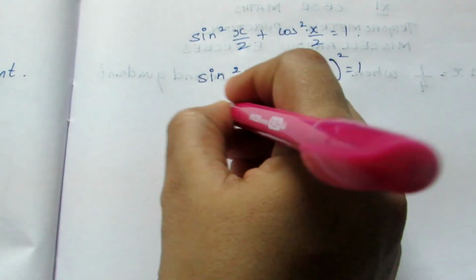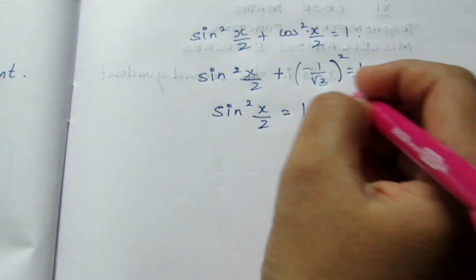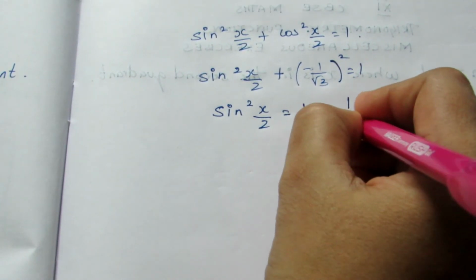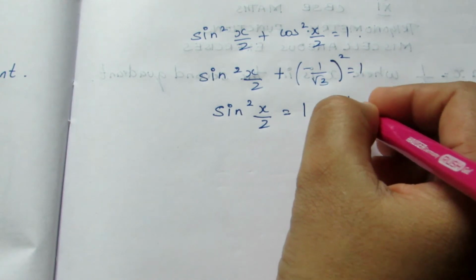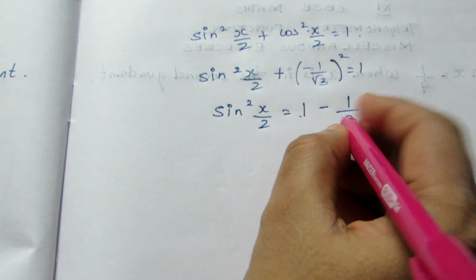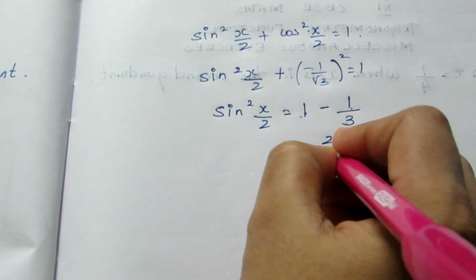So sine square x by 2 equals 1 minus 1 by 3. Taking it to that side, it comes with a negative sign. If I take LCM, 3 minus 1 becomes 2 by 3.